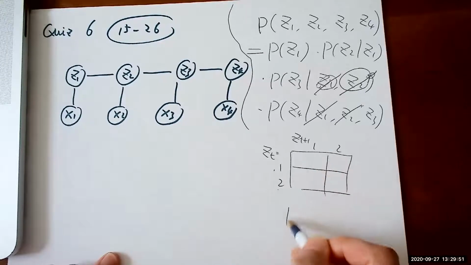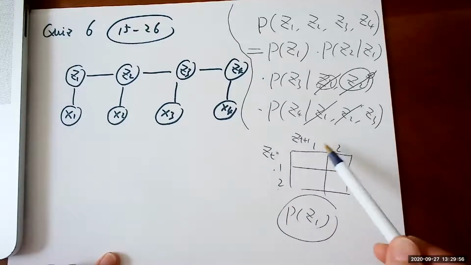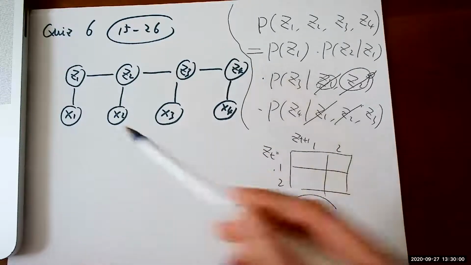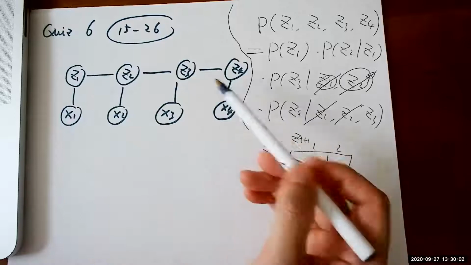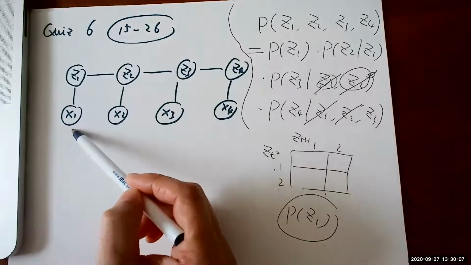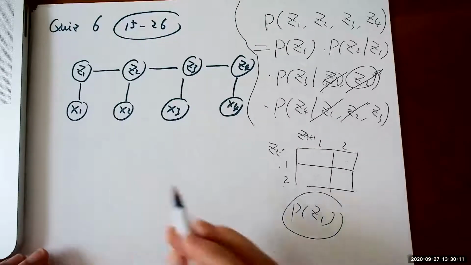So once you know the initial distribution and these transition probabilities, you can calculate any sequence of this Z sequence. Now, once these sequences are given, then given each one of them, you know how to generate X1, how to generate X2, and go on, okay? And so this is called the hidden Markov model.